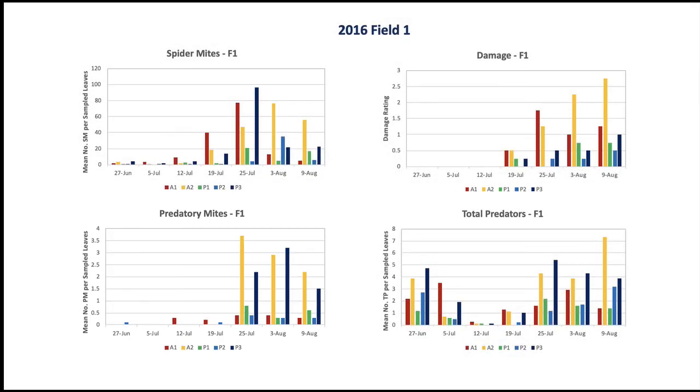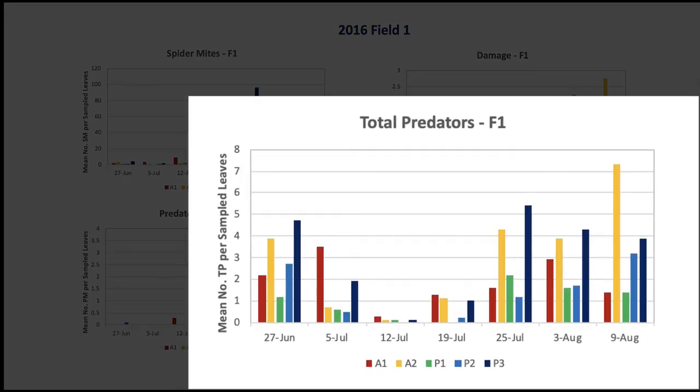The last part of this slide we're showing on total predators. And on June the 27th these are other predators besides just the predatory mites. They were primarily the western flower thrips.